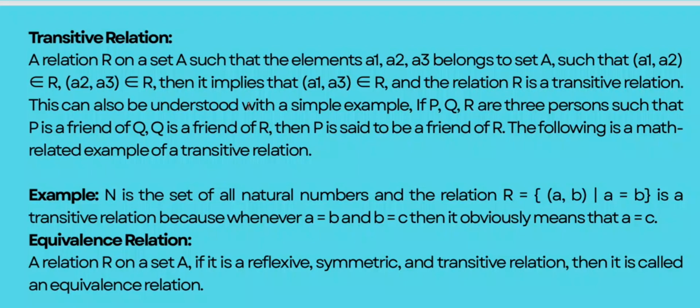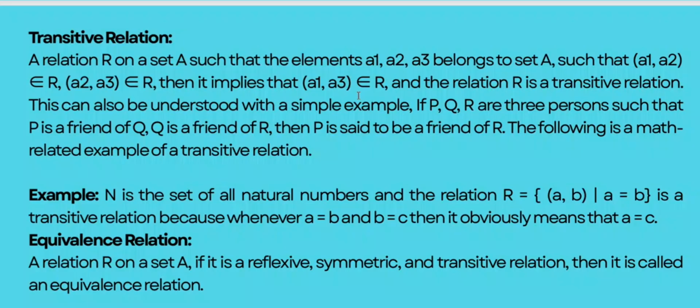That is called a transitive relationship. So you take the elements of set A. Set A has the pairs A1, A2 belonging to R. Similarly, if A2, A3 belongs to the relation R, then I can tell that A1, A3 also belongs to the relation R. Can you follow? Right.